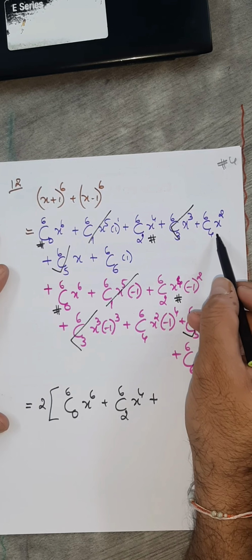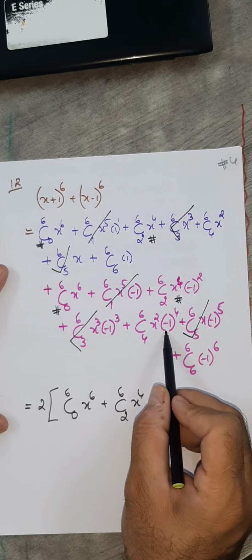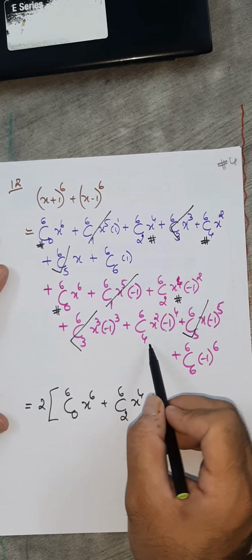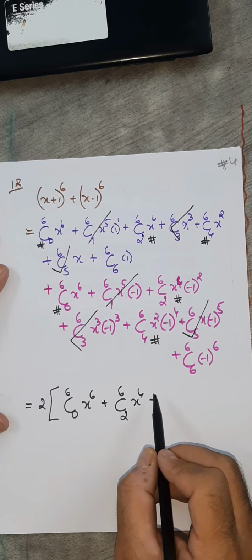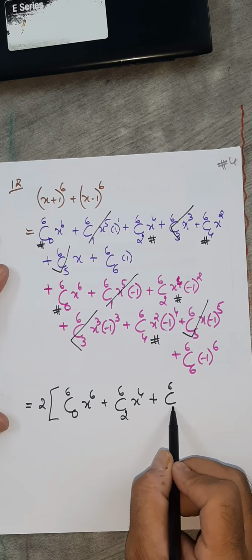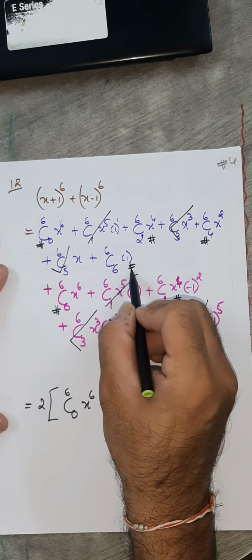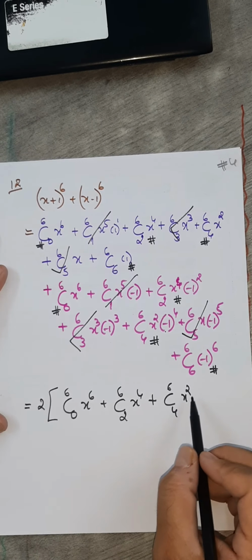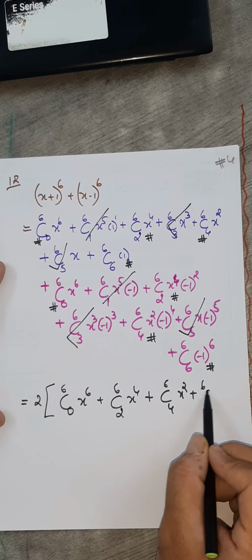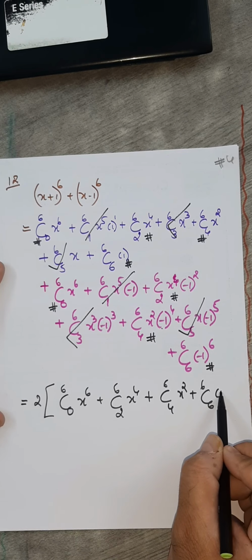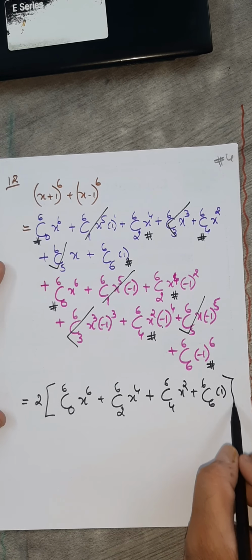X square, here x square, this is also positive, so this will be double, remember, 2 already written outside, so 6c4 x square. And finally the last term, this is constant, here this is constant, so plus 6c6 into just 1.